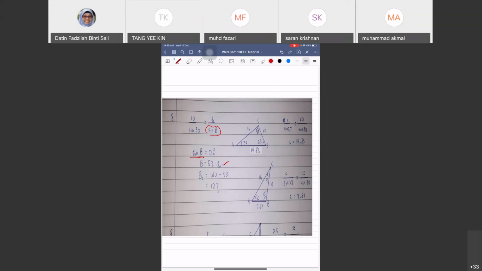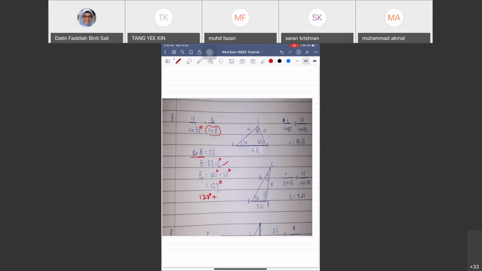So you consider, if one angle from the question is 53.13, then you consider another one, which is 180 minus 53.13, so you get 127 degrees.